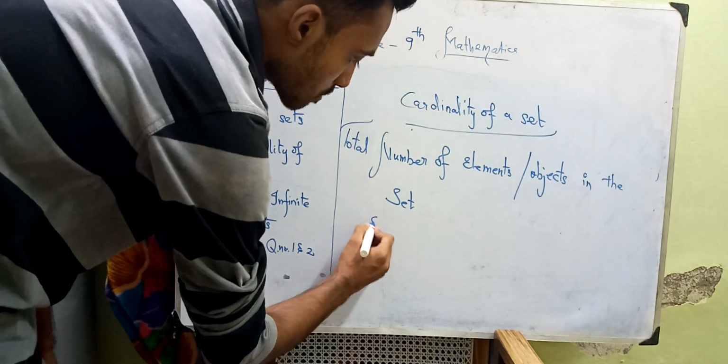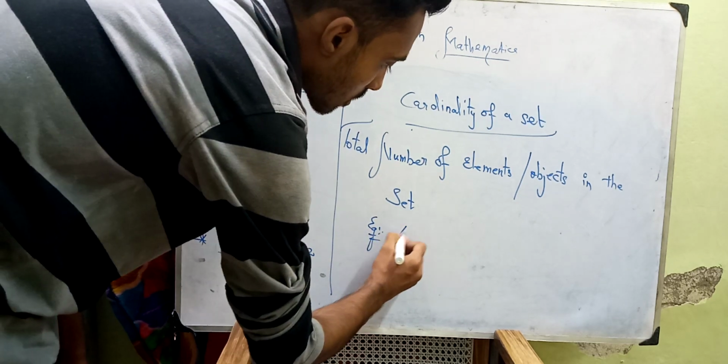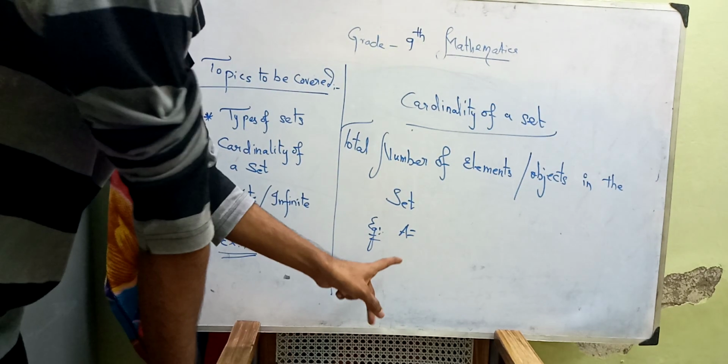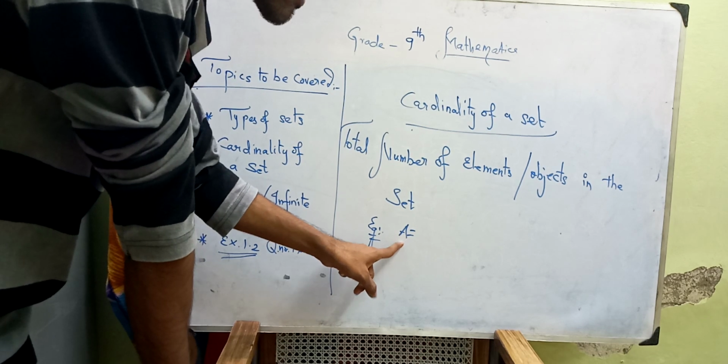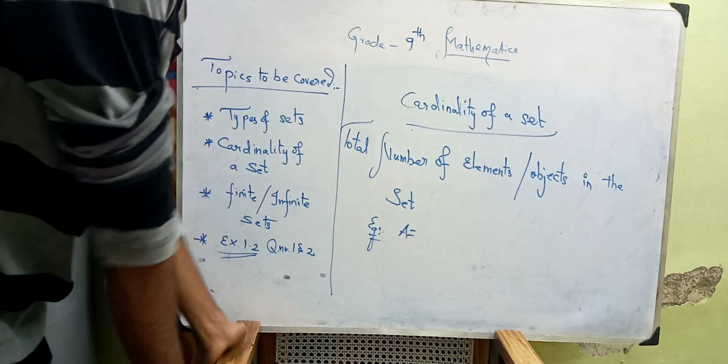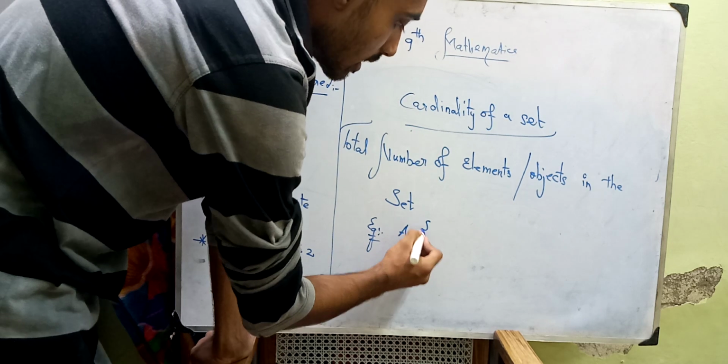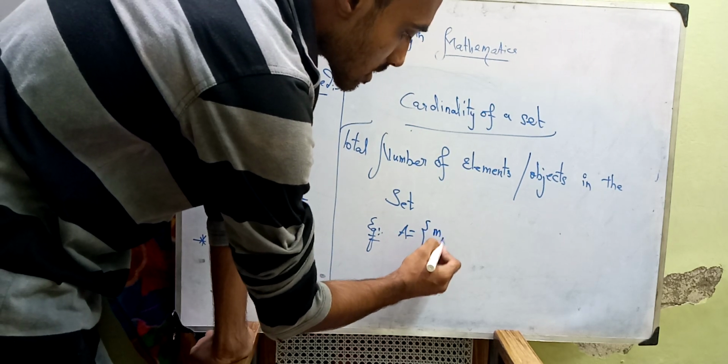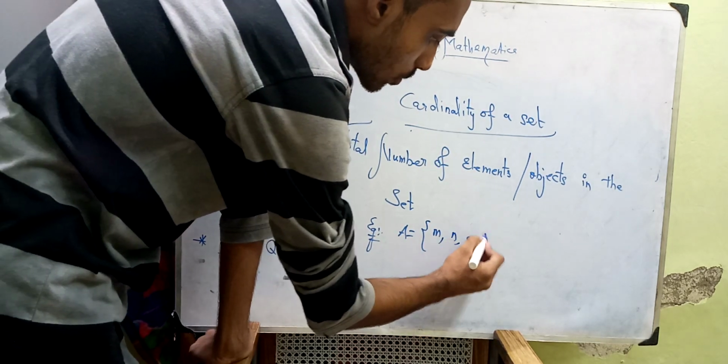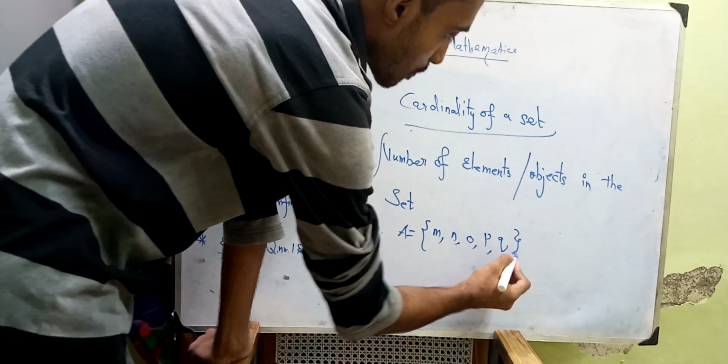For example, capital A is a set symbol. We denote sets by capital letters, and their elements by small letters like m, n, o, p, q.